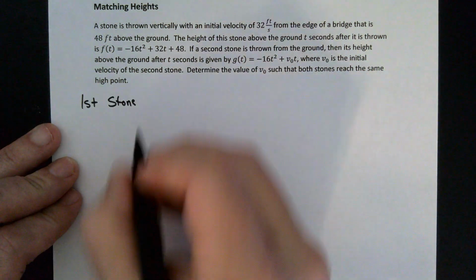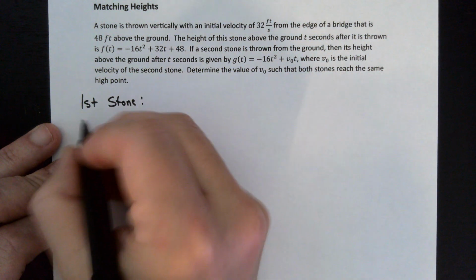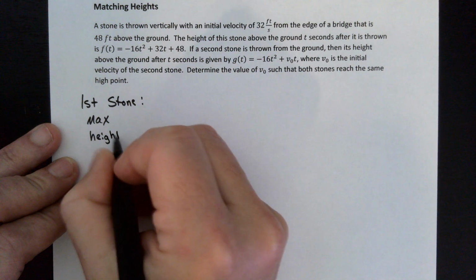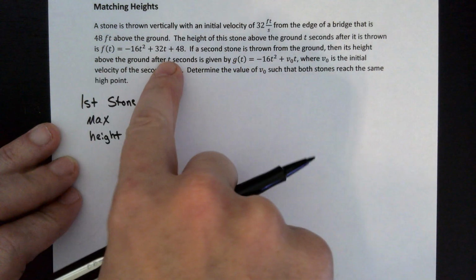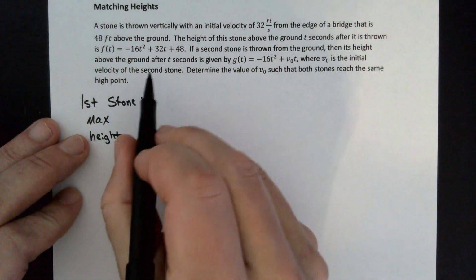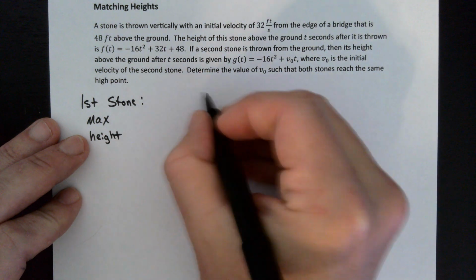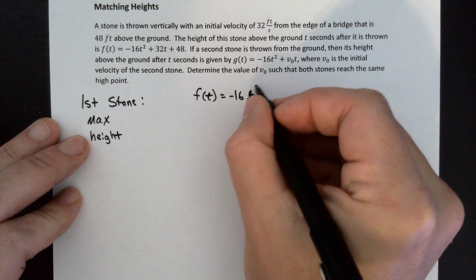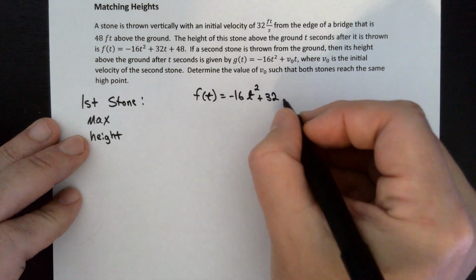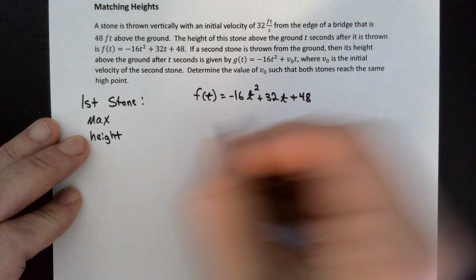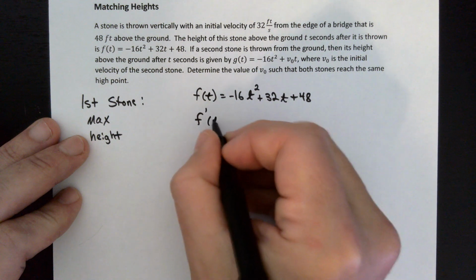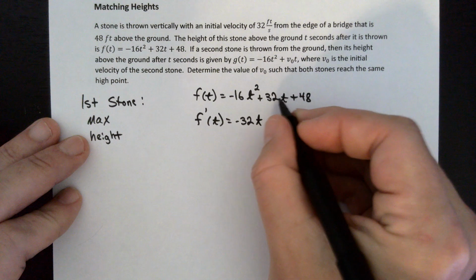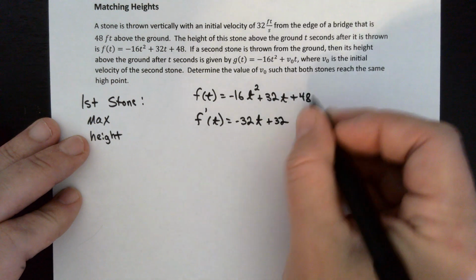So we're finding the maximum height of the first stone. We first need to take the derivative of this function. f of t equals negative 16t squared plus 32t plus 48, and the derivative, f prime of t, bring down the 2, so it's negative 32t, this becomes 32, the t goes away, and this goes to 0.